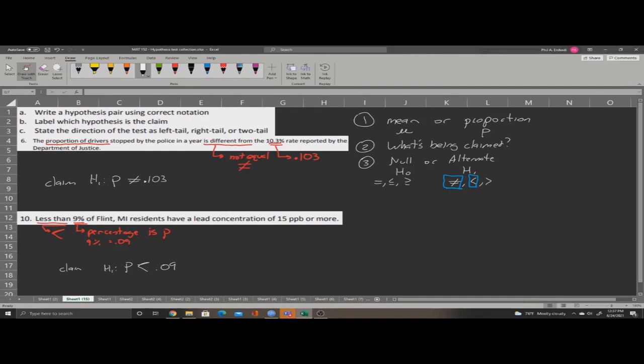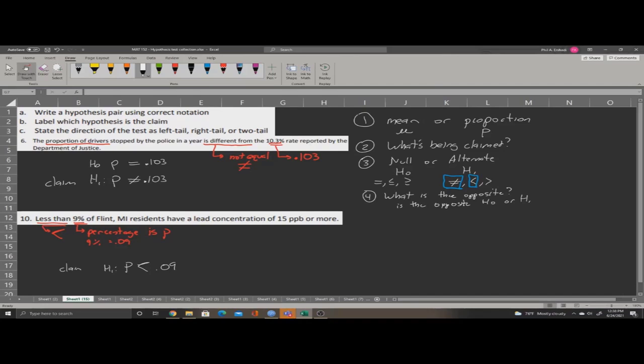Now that we know this, let's look to the opposite of the claim and ask ourselves if it's null or alternate. In problem 6, since we already have an alternate, we must include a null. And the opposite of not equal is equal. So we'll put an equal sign in the middle, but we'll keep the same symbol and the same number.